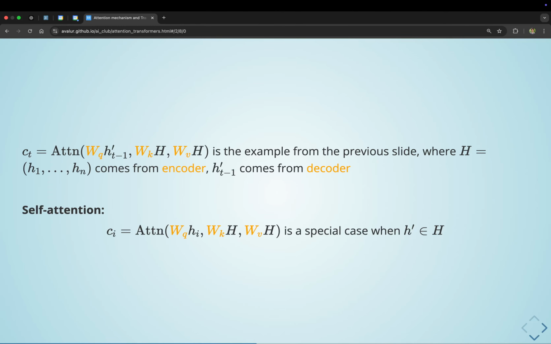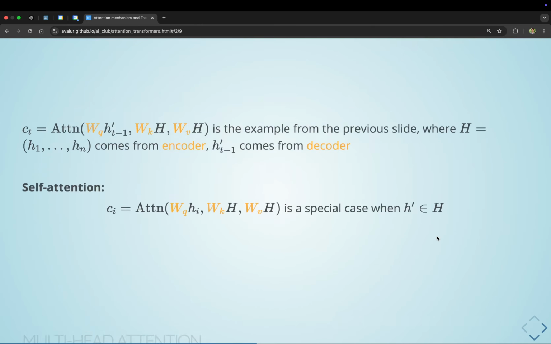And the second version of the same attention mechanism is called self-attention. It is the case when both queries and keys come from one and the same space.